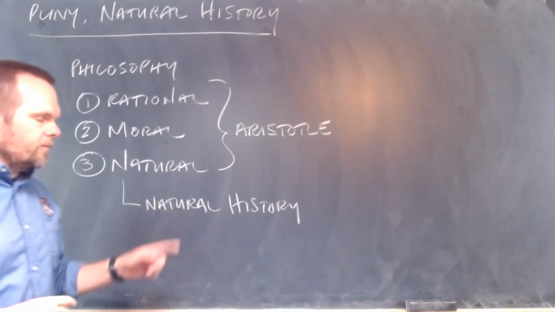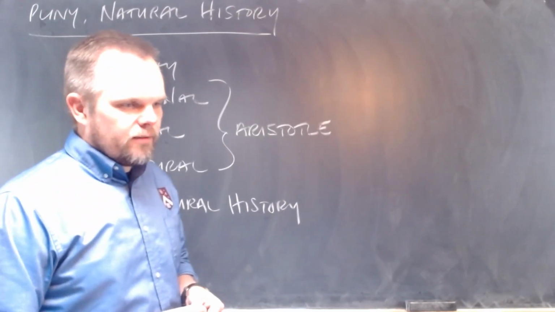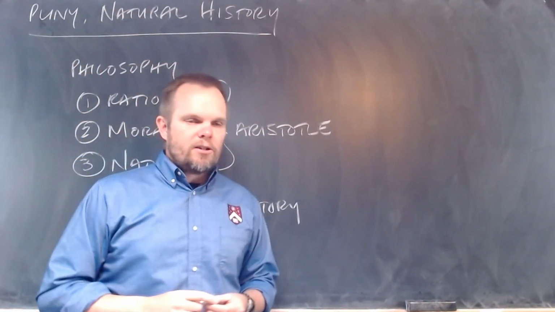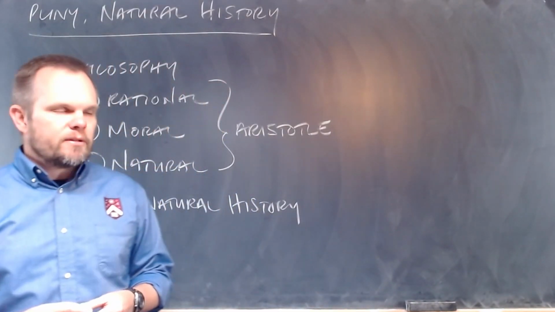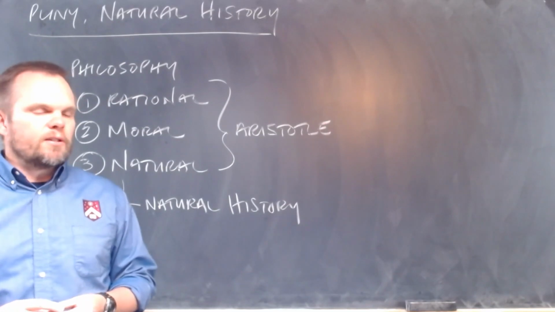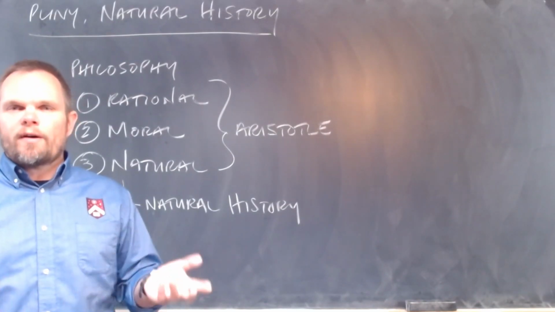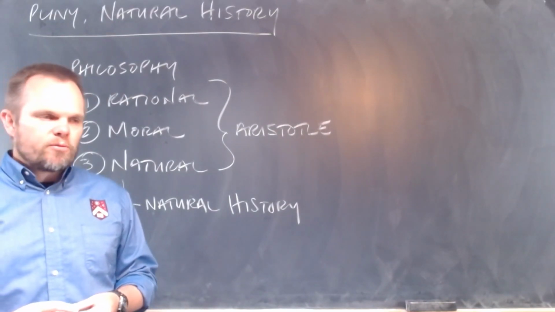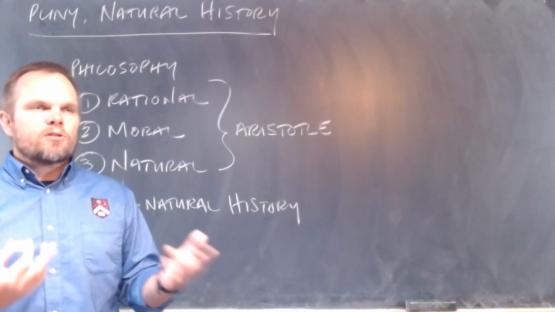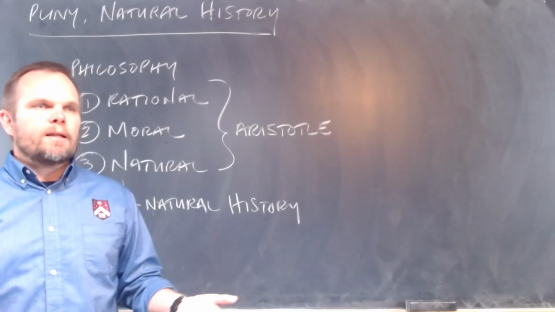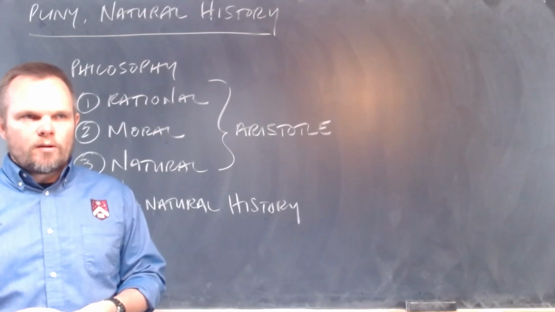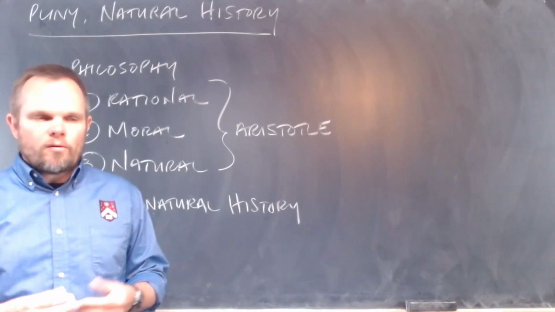The problem with the study of natural history, if you remember when we talked about ancient history, we talked about archaeology. We said one of the problems with archaeology is when you observe things, when you find things in the natural world, you have to interpret their meaning. You have to figure out, what are they for.